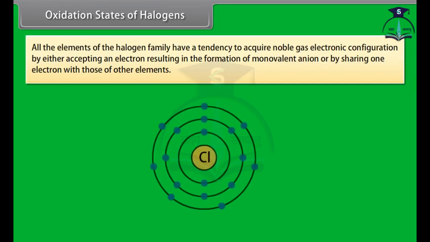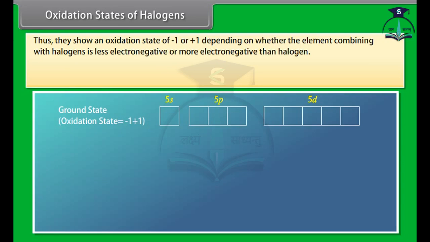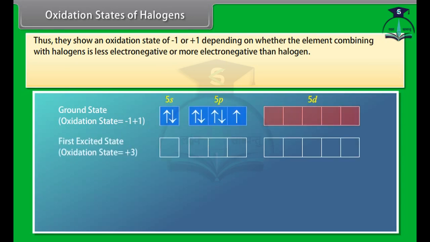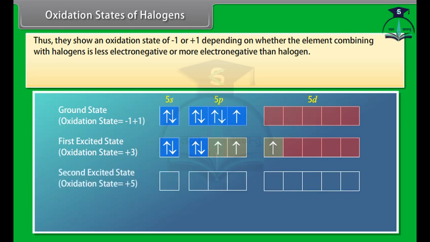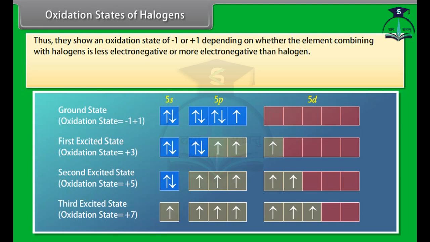All the elements of the halogen family have a tendency to acquire noble gas electronic configuration by either accepting an electron resulting in the formation of monovalent anion or by sharing one electron with those of the other elements. Thus, they show an oxidation state of -1 or +1 depending on whether the element combining with halogens is less electronegative or more electronegative than halogen.